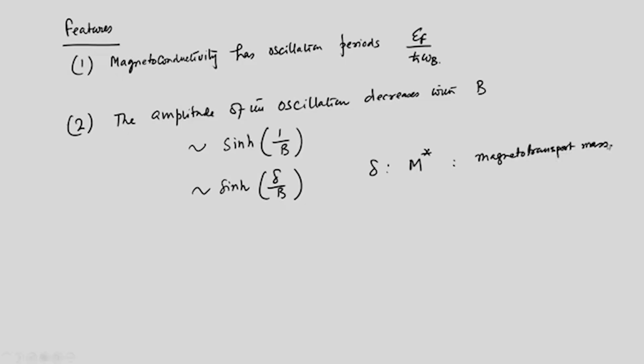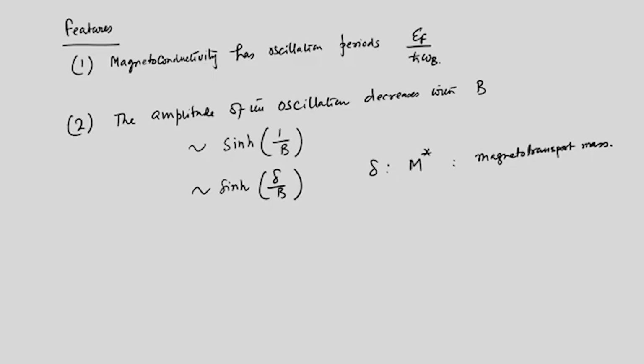So, this mass is not the effective mass that we have talked about, that the particle picks up in presence of a band, but because of the magnetic field, it picks up a mass which is different from its bare mass or the cyclotron mass that we have talked about.